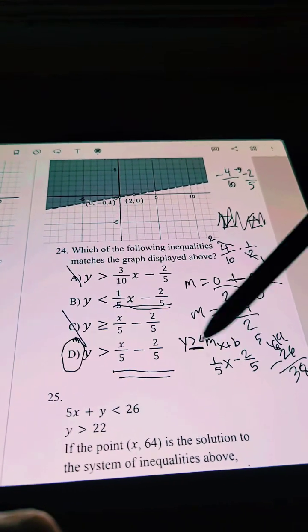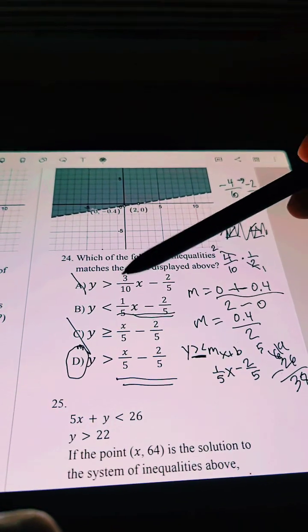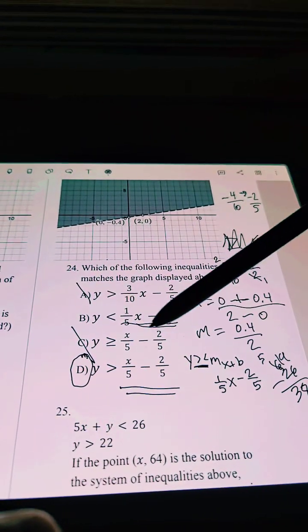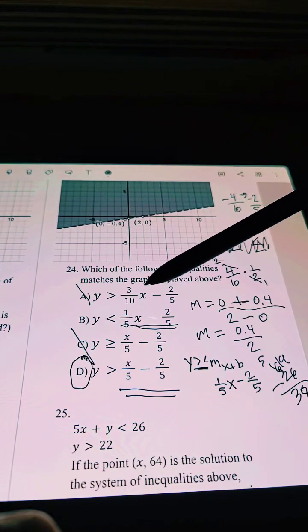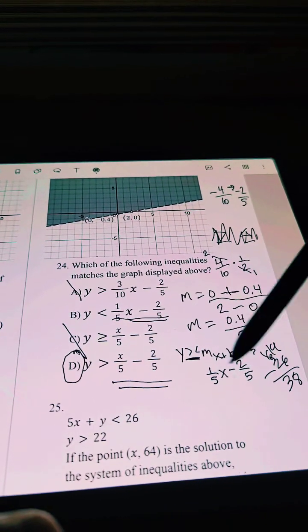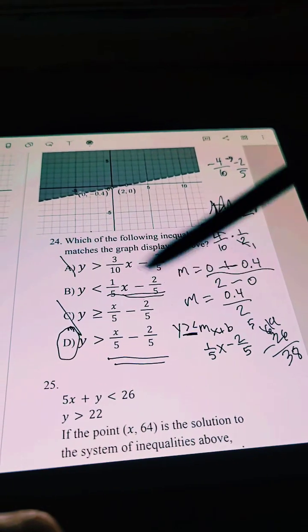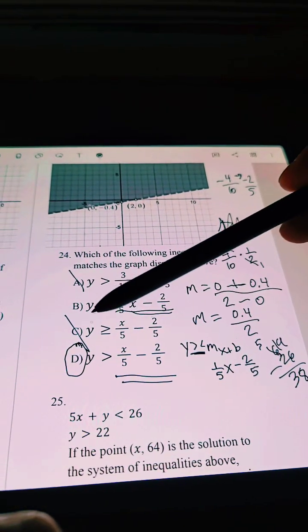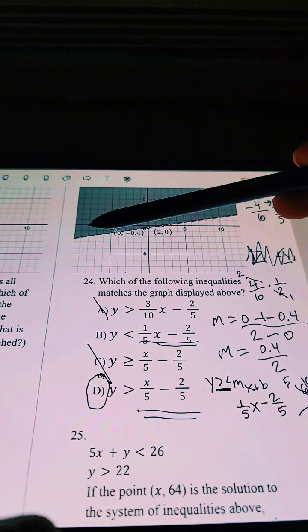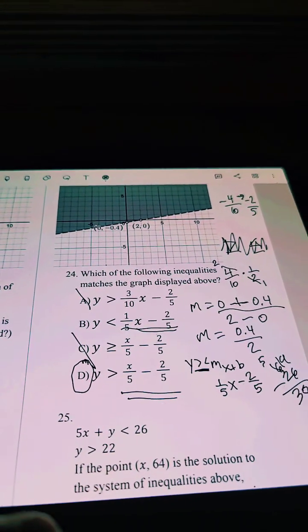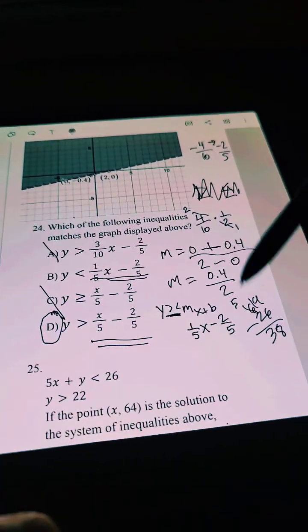So then all you have to do now is, you could say I'm just left with choosing between B and D, because those are the ones that match the dotted line equation that I've just come up with. And also, we eliminated C earlier because since it's a dotted line, you can't have that little line underneath, which is one of the rules that's different about inequalities.